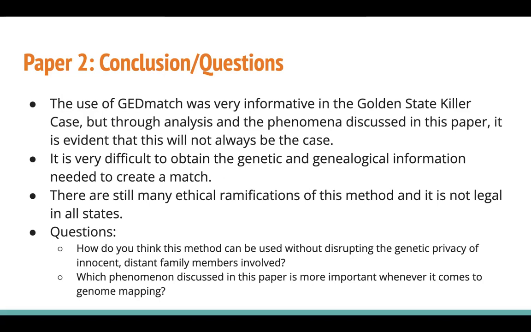But there still is the concern of an innocent family member coming up and having their genetic information given to law enforcement without their knowledge, because a lot of these third, second, or fourth cousins may have no contact with the person who uploaded it, and they'll never know that their DNA was uploaded to these websites.